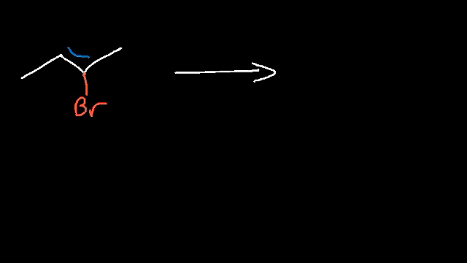Now, there's some other cool things that you can do with organolithium reagents. So let's say you have an alkene, and attached to this alkene is a halogen. You can add an organocopper lithium reagent to it.